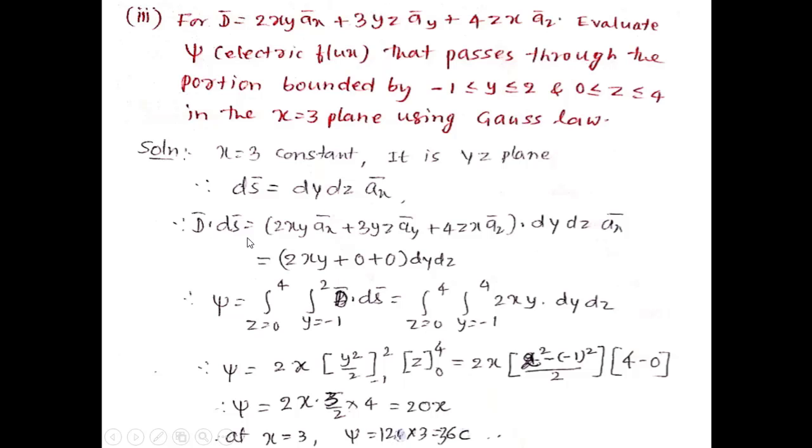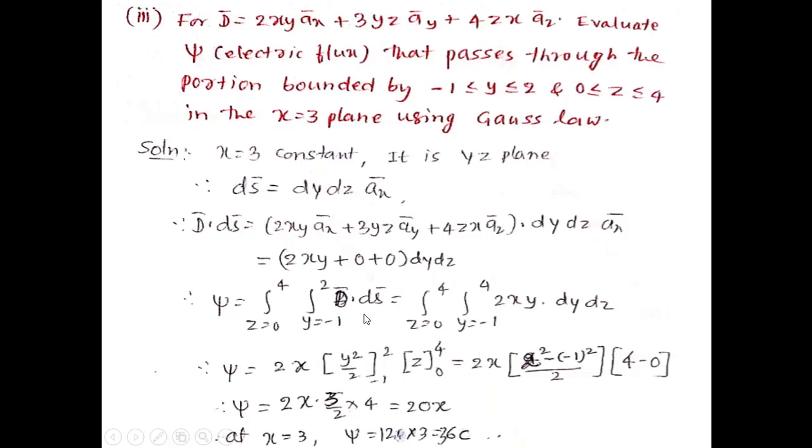Therefore D bar dot ds bar, if we substitute the values of D bar and ds bar and take the dot product, we get 2xy plus 0 plus 0, dy dz, since ax bar dot ax bar is 1, but ay bar dot ax bar is 0 and az bar dot ax bar is 0. Therefore we get D bar dot ds bar equal to 2xy dy dz. We substitute in the formula: psi is equal to the surface integral of D bar dot ds bar.